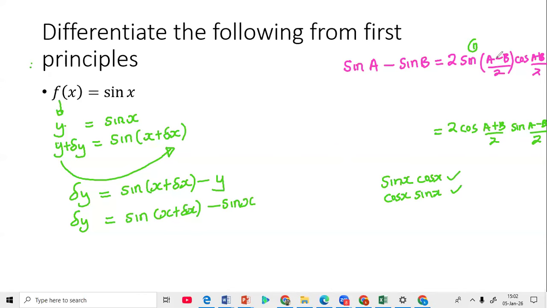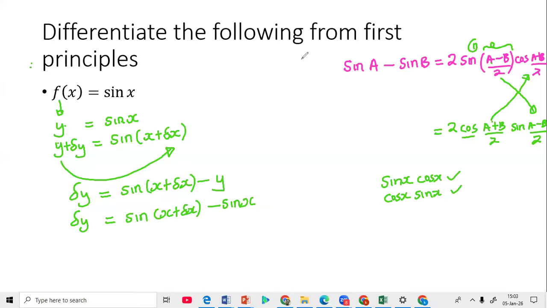Now, when you look at the first one, what is very important is the angle here: the angle is (a minus b) out of 2. Still, even on the third one, the angle is (a minus b) out of 2. When you look at the cos, it is (a plus b) out of 2.